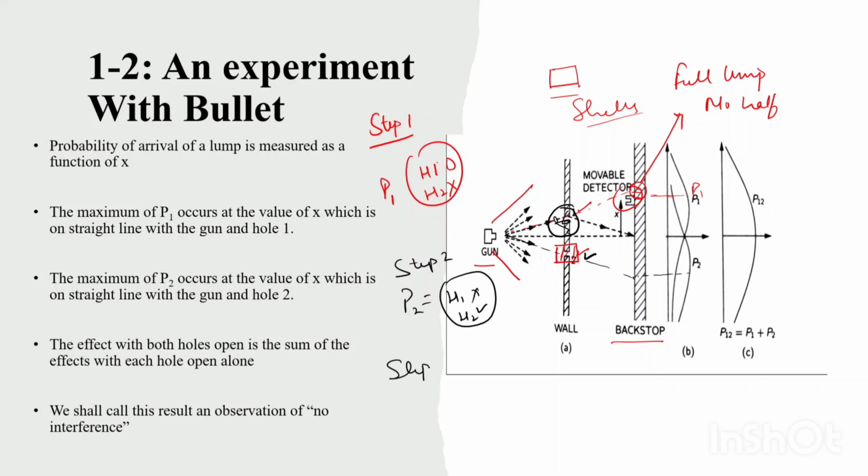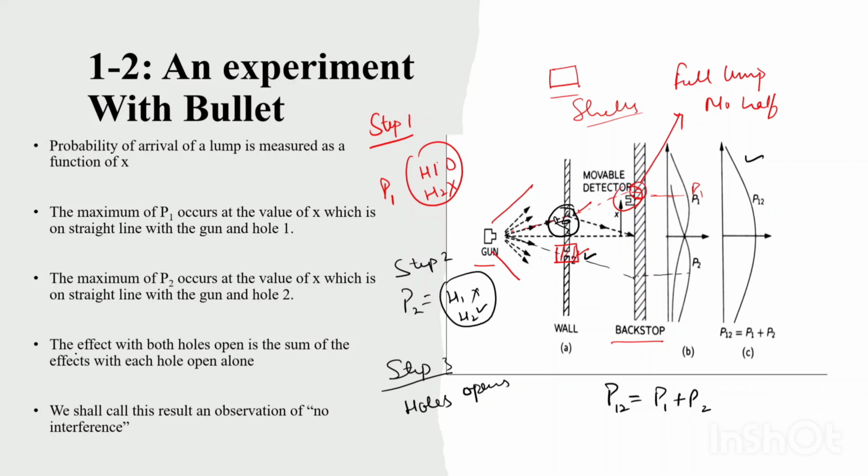Now we have a third step. In this step we have both holes open. Now what we see here is that we detected a probability curve like this over here, and we can mathematically see that this is the sum, P1 plus P2.